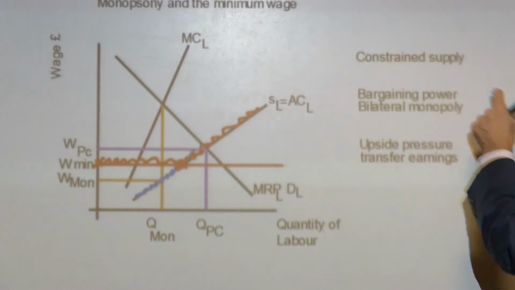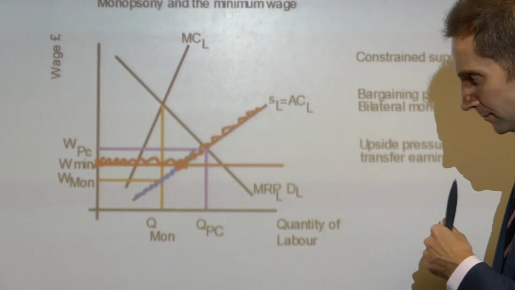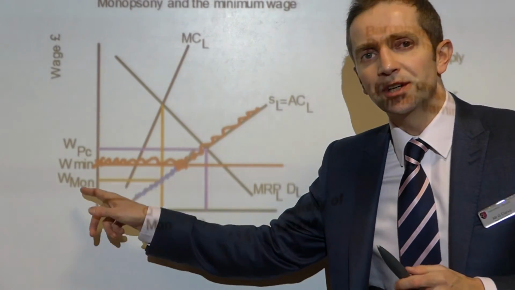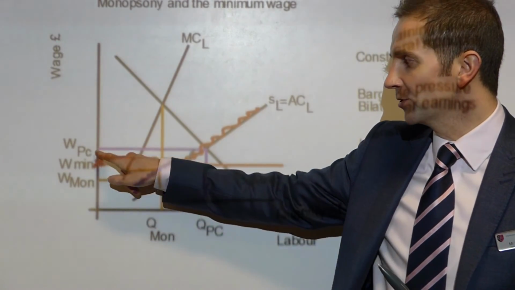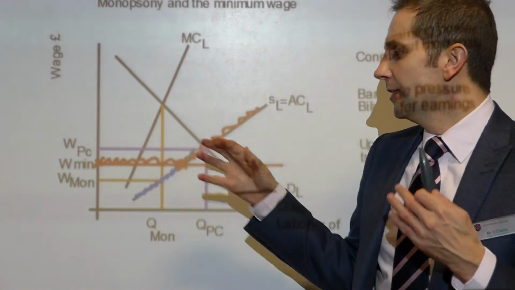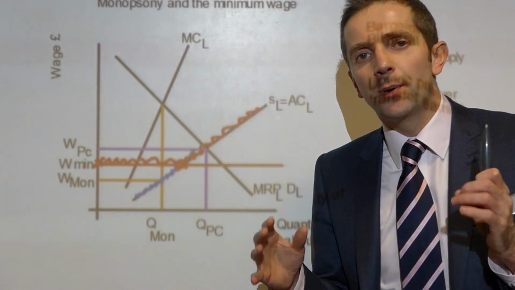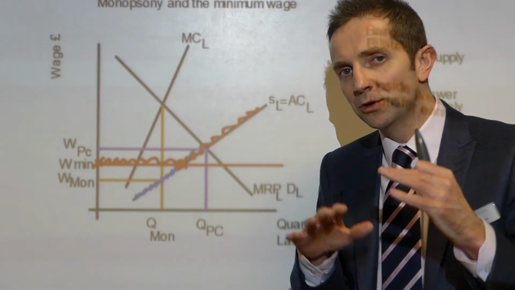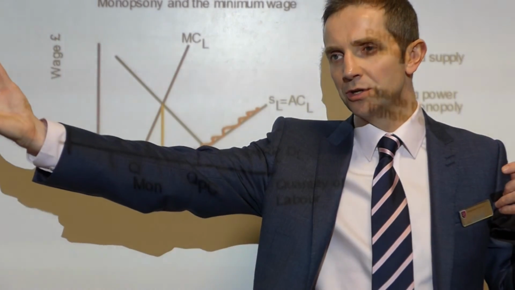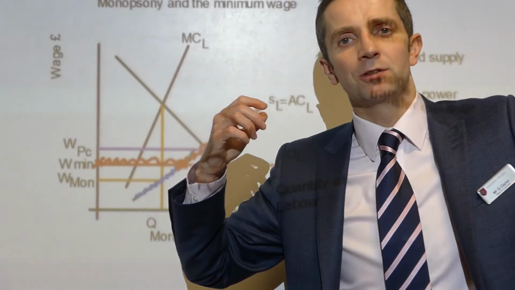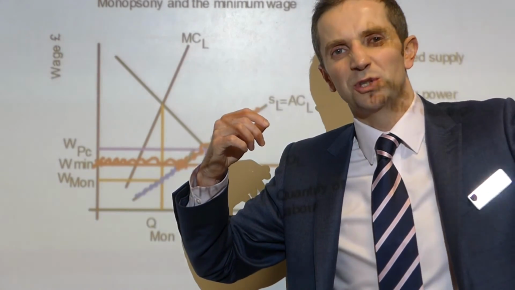So we've talked about constrained supply, where the position of WMIN, whether it be close to WMON or close to WPC, would of course depend upon the bargaining power of the two groups involved. Because on the one hand, we'd have a trade union representative, and on the other hand, we'd have an employers association.